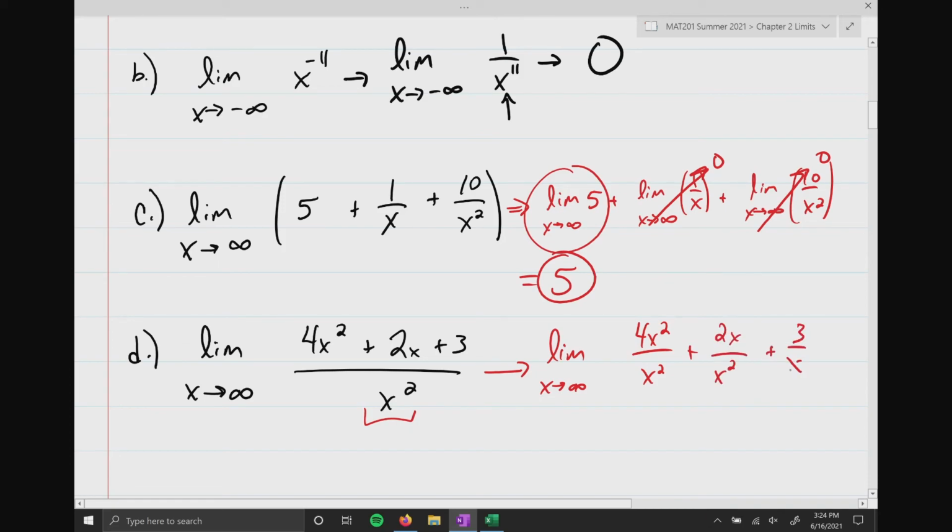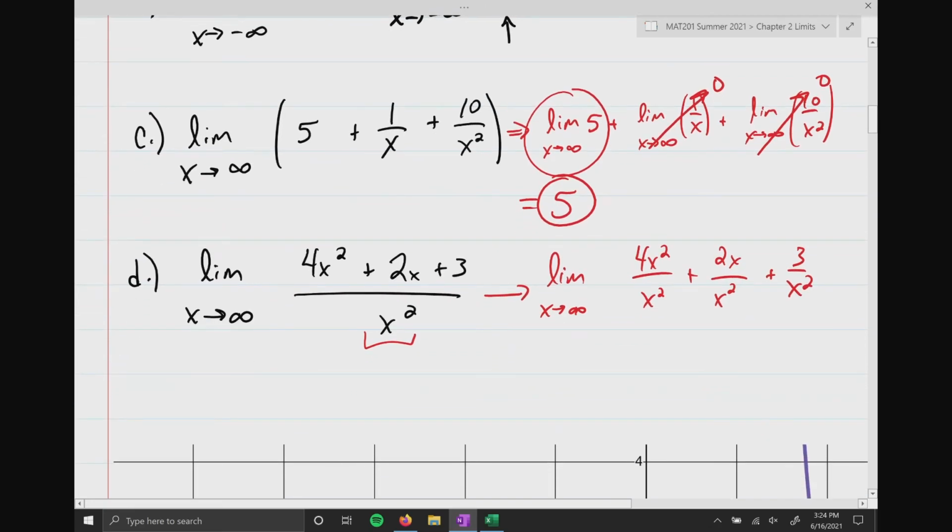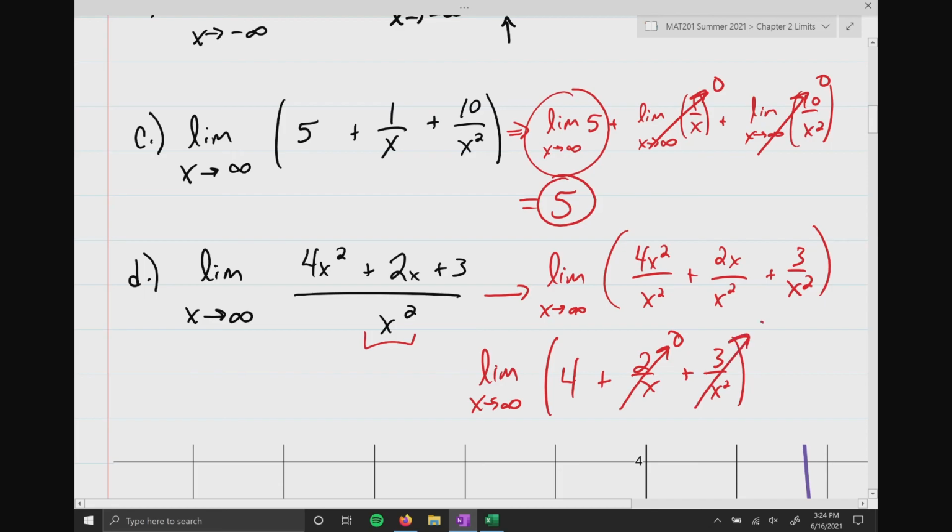And by doing that, I get the limit as X goes to infinity of, sorry, I forgot to put this in parentheses, 4 plus 2 over X plus 3 over X squared. And just like the previous problem, 2 over X is going to go to 0. 3 over X squared definitely goes to 0. So you're left with nothing but a 4.